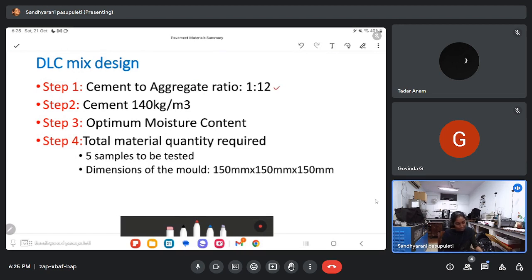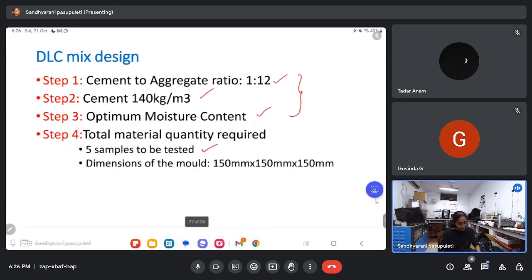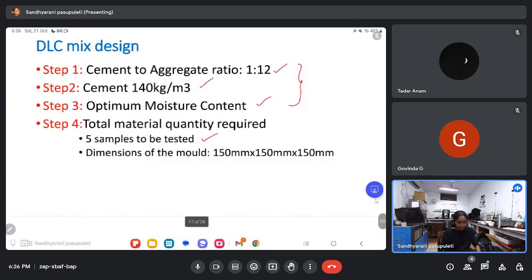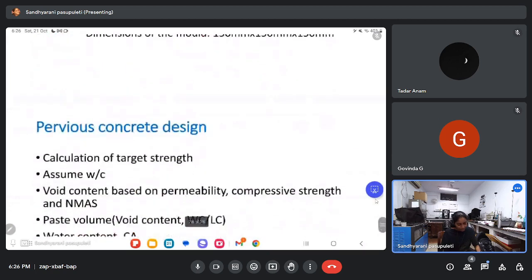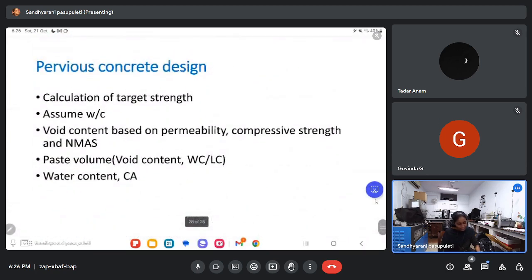So we consider the cement to aggregate ratio, the minimum cement, and we need to calculate the optimum moisture content. Once we know the optimum moisture content, we calculate the amount of water content. We calculate this per 1 cubic meter, but we need to test a minimum of 5 samples for the DLC. So we calculate the total amount required for the 5 samples, where each sample is 150 by 150 by 150.